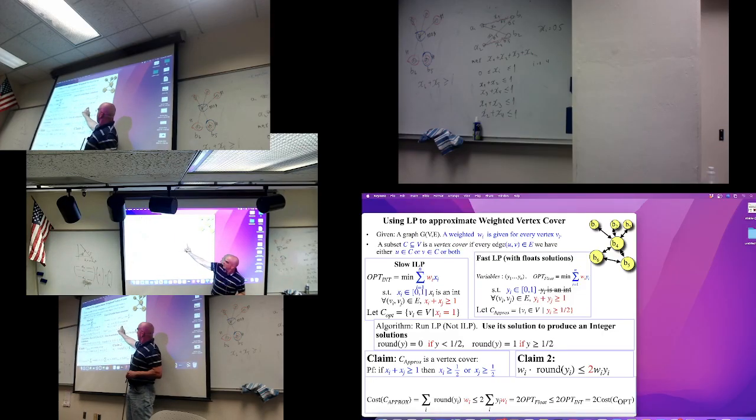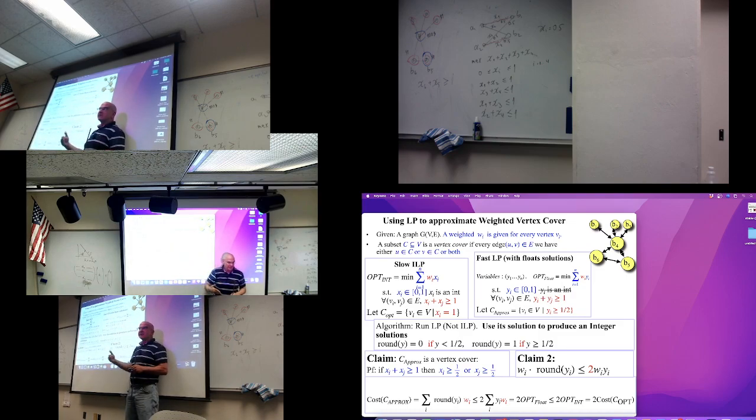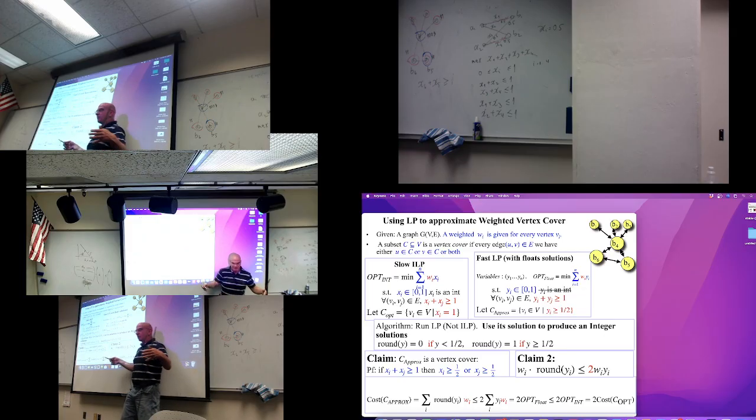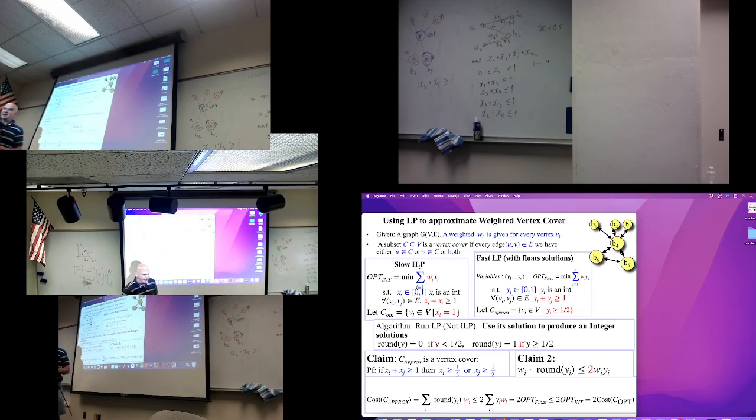Yi plus yj is larger or equal than 1 for every edge ij. And I run the linear programming, not the integer linear programming, the linear programming. As I said, simplex linear programming is extremely fast in any case, excluding very extreme cases, but even the extreme cases with a tiny bit of noise will still run extremely fast. So I'm running the LP.